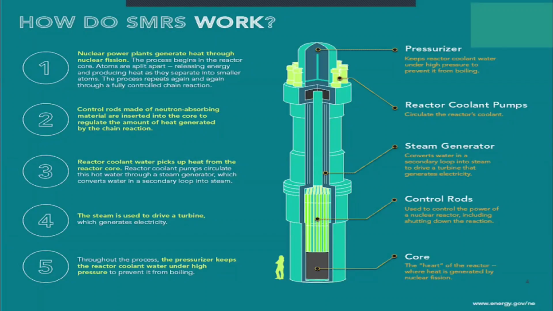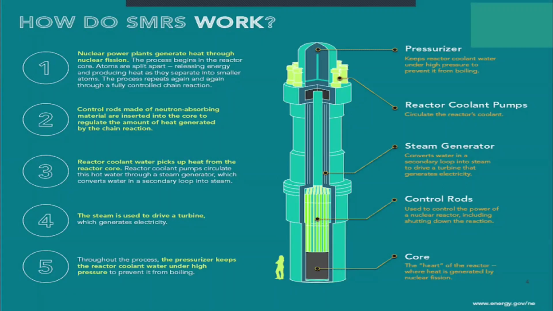We have control rods which control the heat produced and which turn the reactions on and off, because there is a chain reaction which goes on and on, splitting nuclear atoms. When these atoms are split, they produce energy. This energy is used to heat water to produce steam, and this steam is used to turn turbines. These turbines turn and produce electricity.